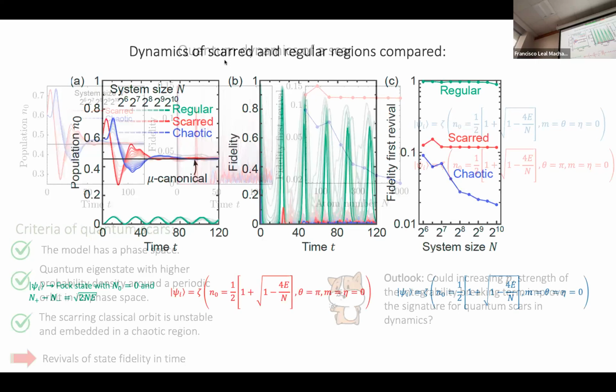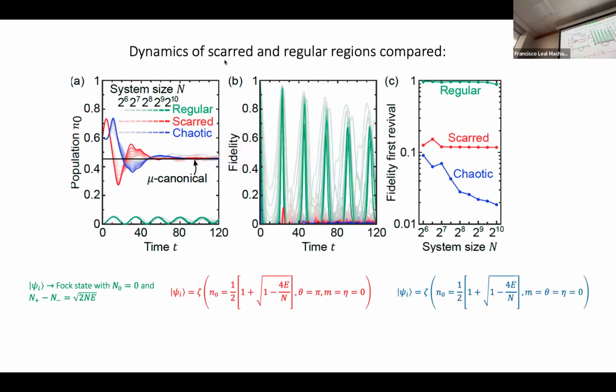Since I don't have much time, I'm just going to flash all three cases here. When we initiate the dynamics on a regular band or in the chaotic band, it mostly overlaps with the strongly scarred regime and maybe the weakly scarred regime.